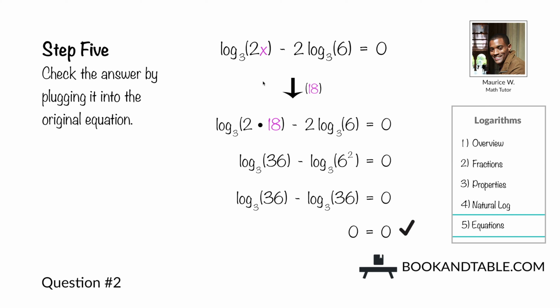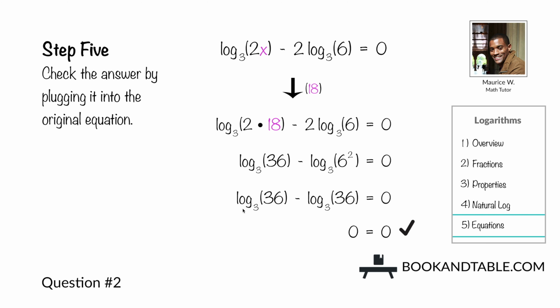So for this argument, we get 2 times 18, which is 36. And this term here, the argument is equivalent to 6 squared if we move the 2 to the exponent, which means this argument is 36.